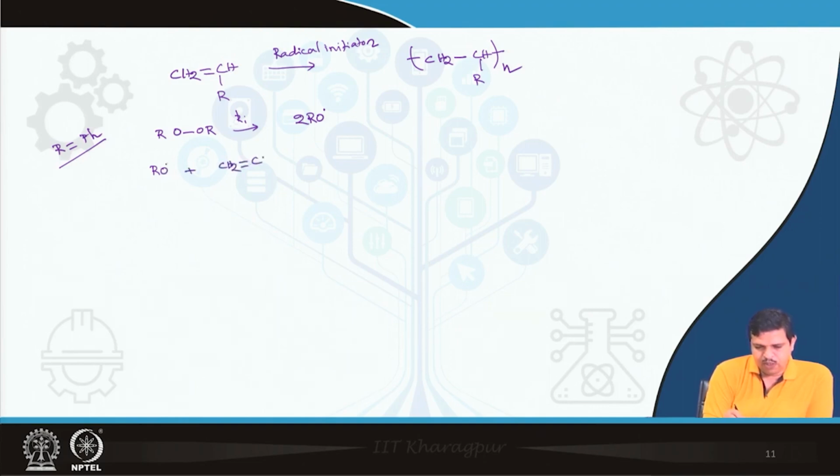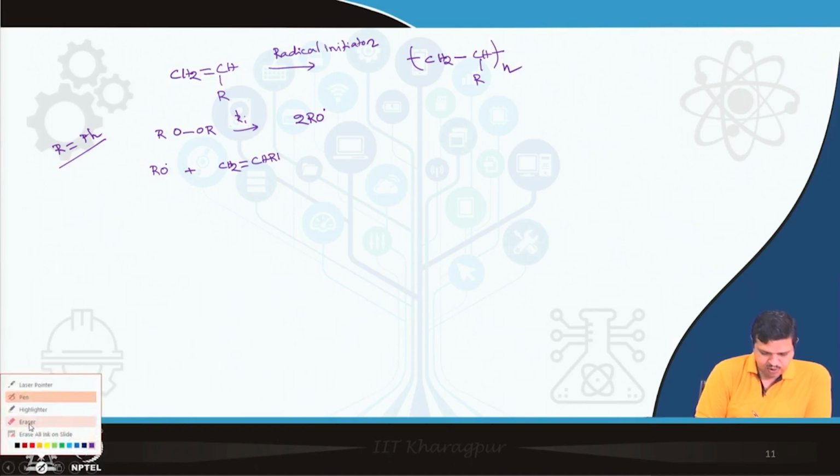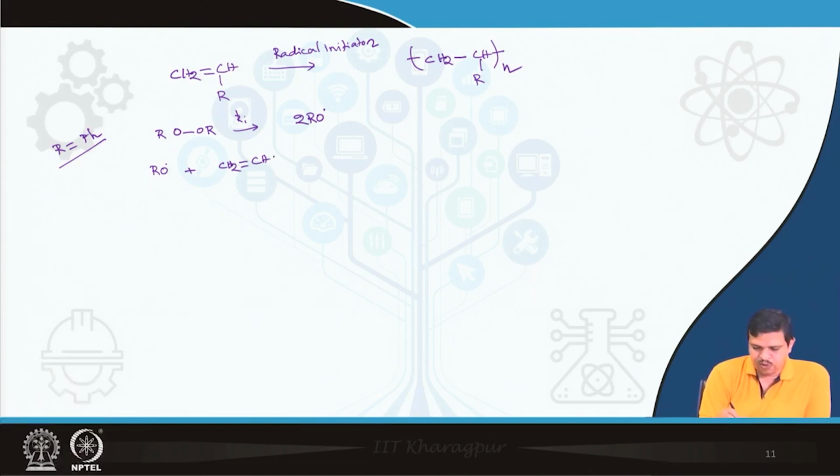I am sure if you have taken any polymerization course, you have studied this, but I just try to refresh your knowledge on this polymerization, so that it will be easier at a later stage. Now, this radical reacts with the monomer, and you will get this.